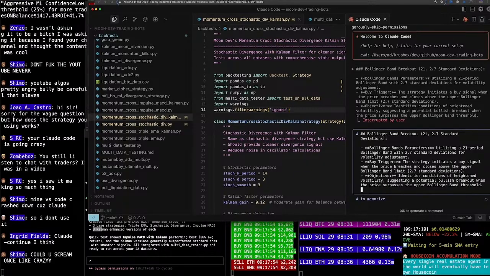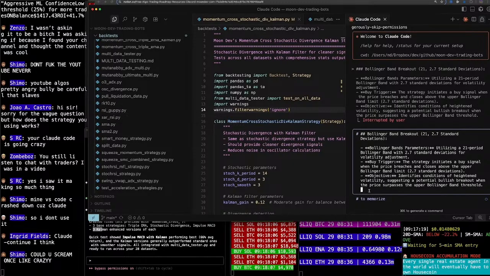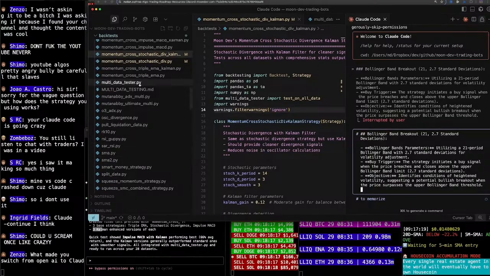Also test it with the Kalman filter, also test it with the ADX, also test it with the MFI, and also test it with an oscillator. This should output a bunch of different strategies, including the original one that's above, and testing against the 25 or so different data sources that we explain in multi-data tester and multi-data testing MD.